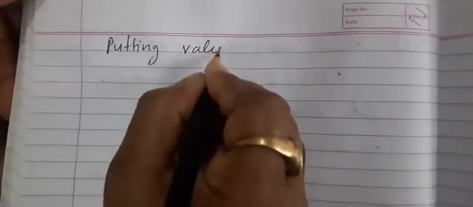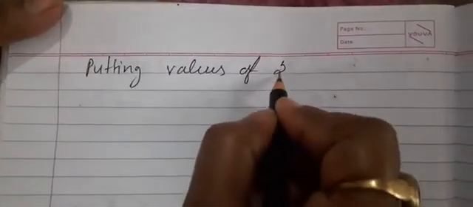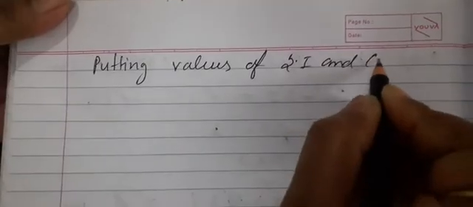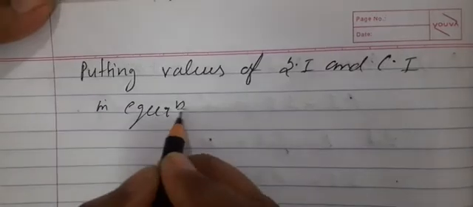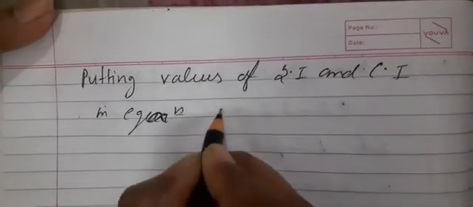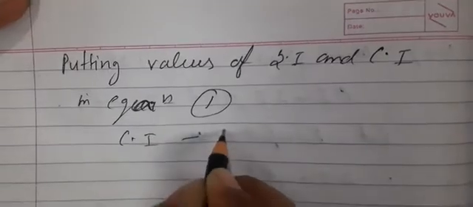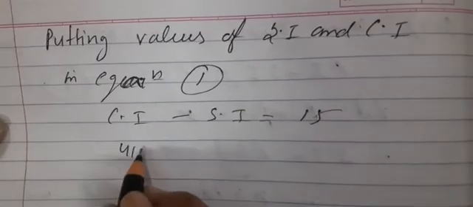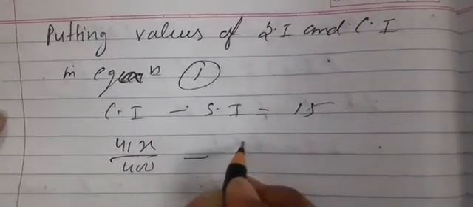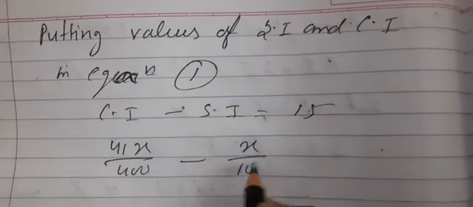Putting the values of simple interest and compound interest in equation 1, what was that? CI minus SI is equal to rupees 15. CI was 41x by 400, and SI was x by 10.